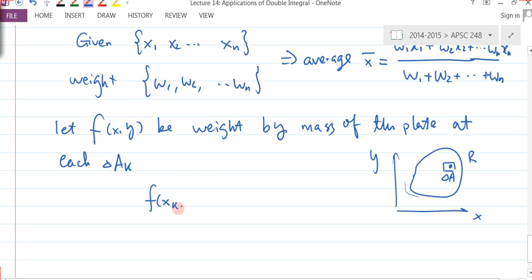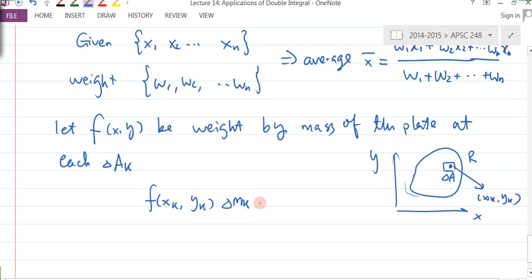Maybe there's a function value defined here, but we're going to weight it by the mass at this location. So for this function f, maybe this location is x_k, y_k. You have a value over there, and then we're going to scale it up by its mass here.